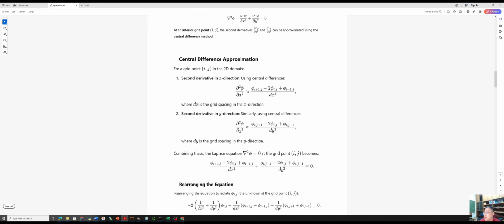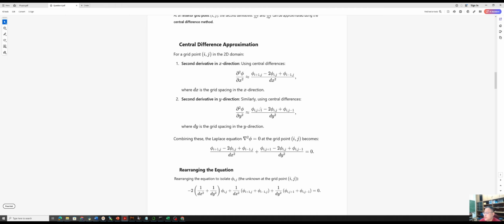That's why you call it central difference. The same thing can be done for the y equation. So you combine these into the 2-dimensional Laplace equation, you get 0.